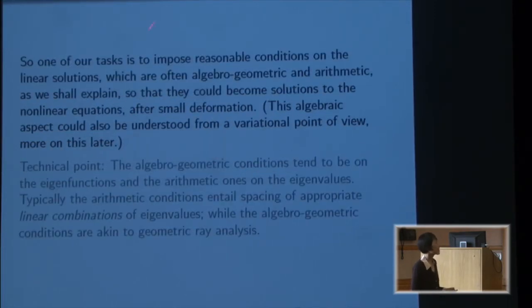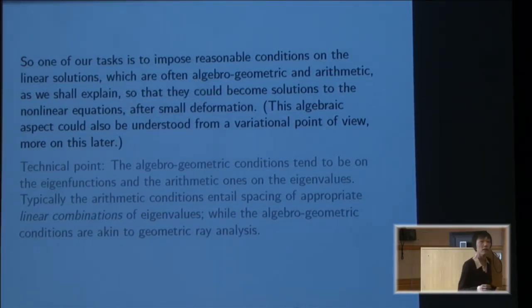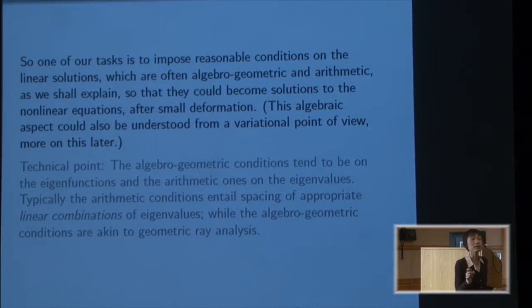So, therefore, one of our tasks is to impose reasonable conditions on the linear solutions, right? Which are often algebraic, geometric, and arithmetic, as we shall explain. Okay? Yes? So, are you talking about periodic or small decay solutions? I'm talking about spatially periodic solutions. Oh, okay. So you're talking about on the torus, yeah.